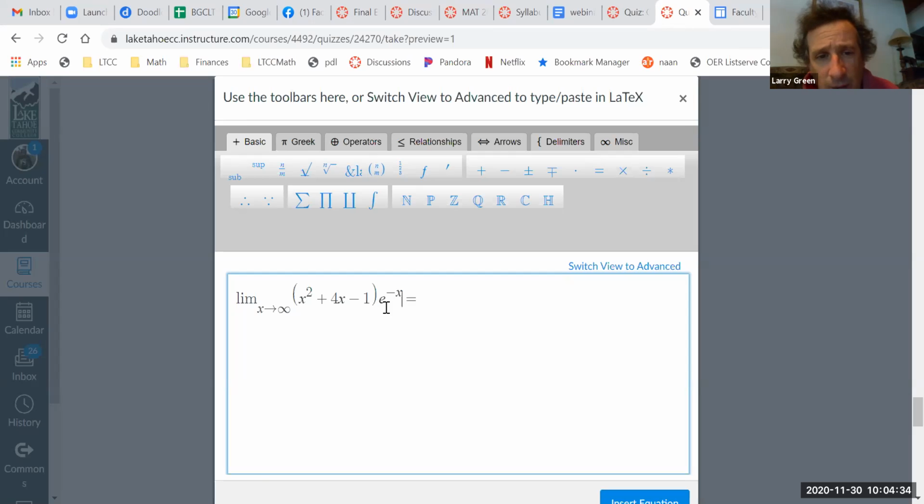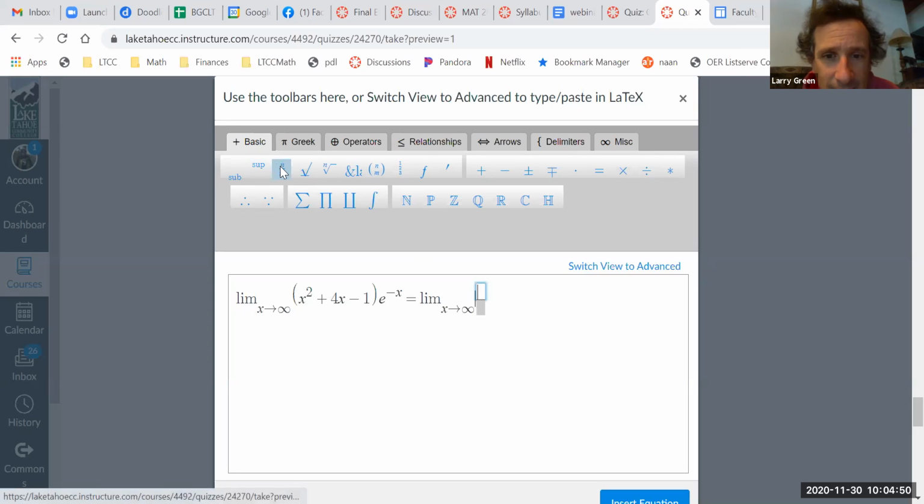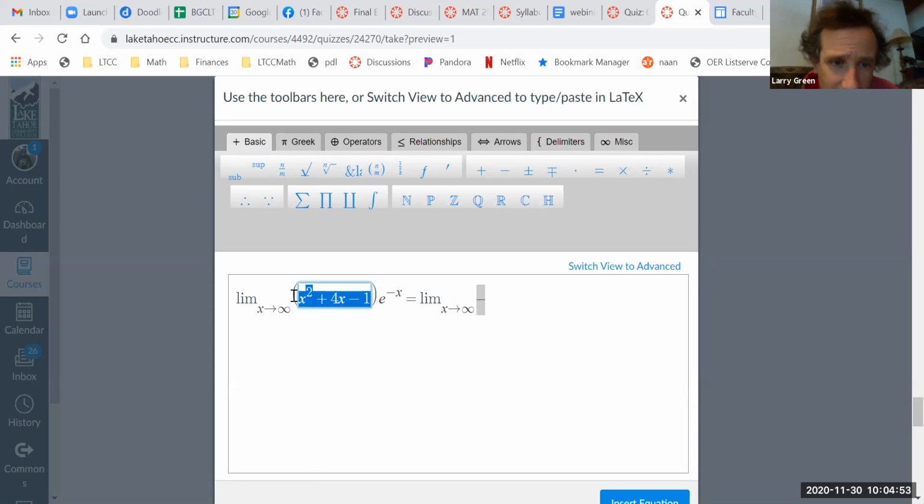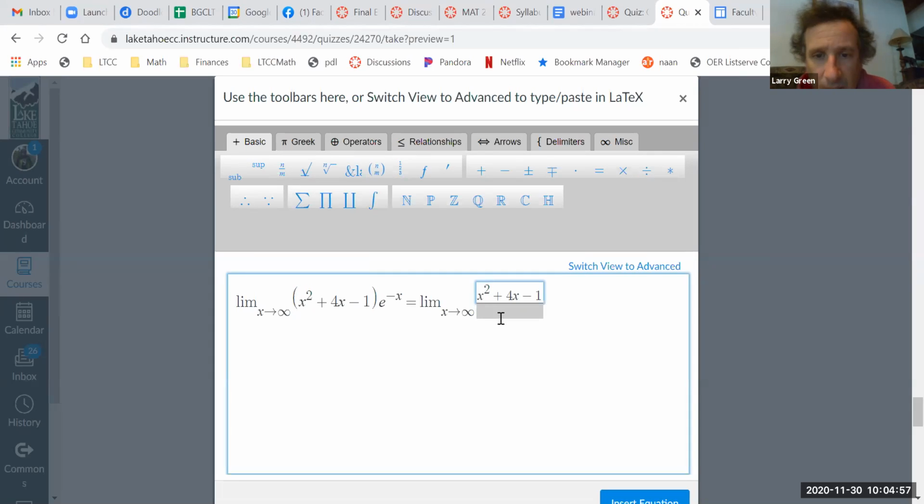Yeah, we write e to the negative x as 1 over e to the x, and we can write this as a division problem. So let's do that. Okay, so we write it as that over e to the x. Now if I plug in, I get infinity over infinity.